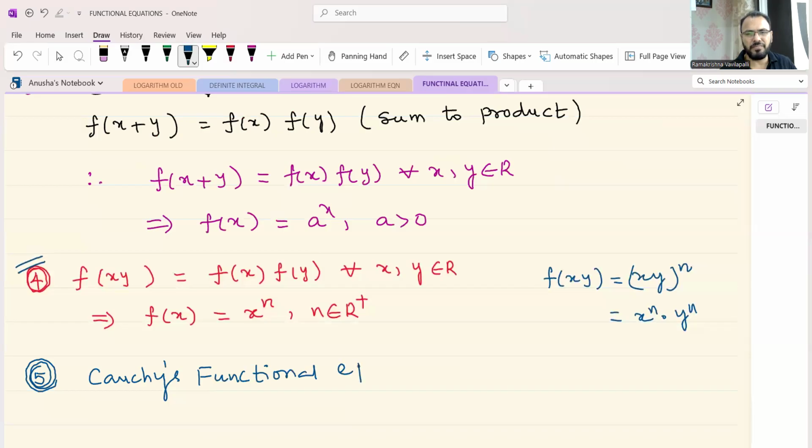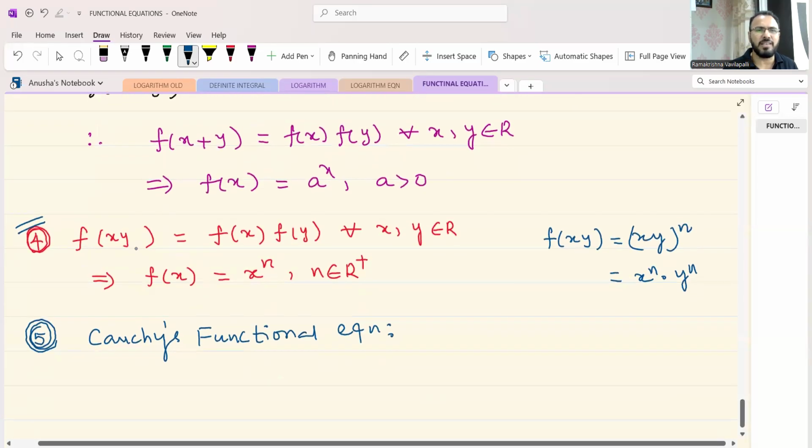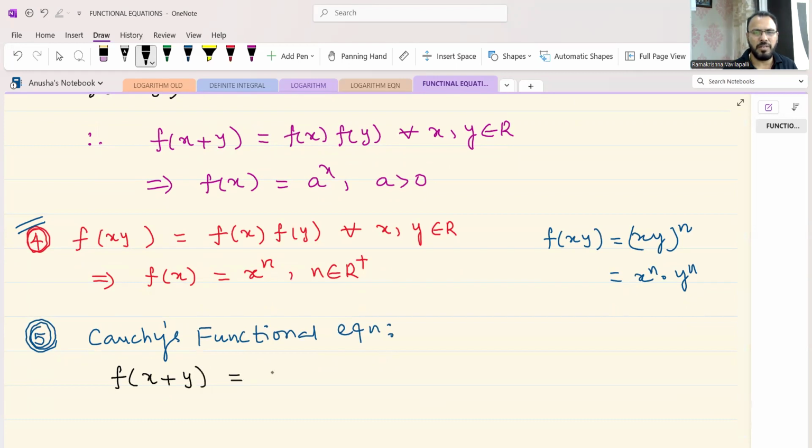Functional equation. So only one is left, converting sum to sum. f of x plus y equal to f of x plus f of y.